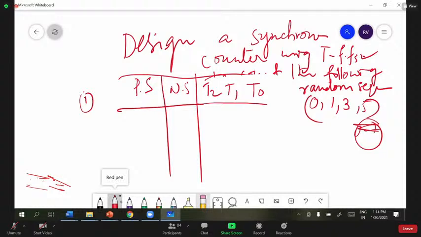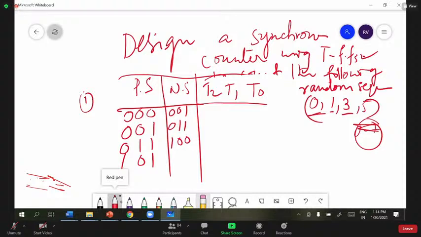So here, the present state for 0 you can take as 0, 0, 0. 1 means 0, 0, 1. 3 is 0, 1, 1. 5 is 1, 0, 1, right? The next state for this you can write as 0, 0, 1. And this is 0, 1, 1. This is 1, 0, 1. And this is 0.